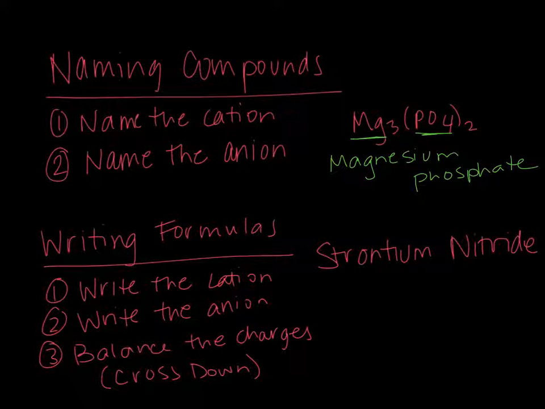We crisscross them down. So strontium is Sr, and it's 2+, looking at it from the periodic table. And nitride is N3- from the periodic table. And then we just take these charges and we bring them down. And that balances out the charges.